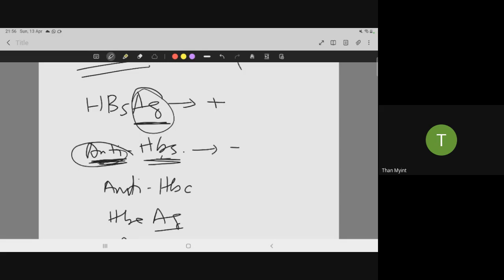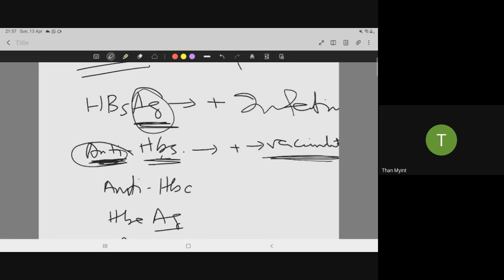It means you are vaccinated. So if I see only hepatitis B surface antibody elevated, it's vaccination. If I see only hepatitis B surface antigen, it's infection with no resolution, no immunity, just a pure acute infection.